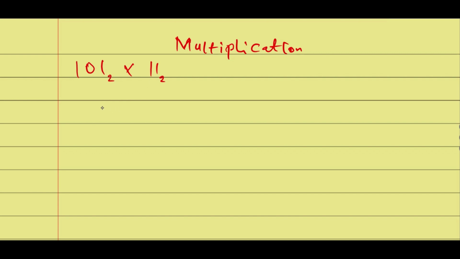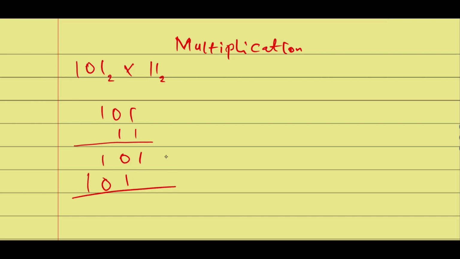So similar rules, so we're going to write this out, 101 multiplied by 1 and 1. So we have 1 multiplied by 1 is 1. 1 times 0 is 0. 1 times 1 is 1. Next, we have 1 times 1, which is 1. 1 times 0 is 0. 1 times 1 is 1.